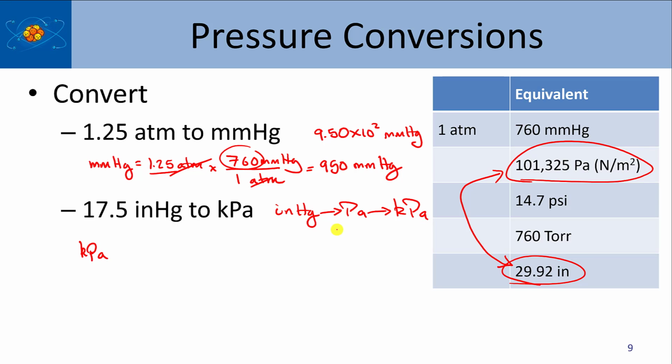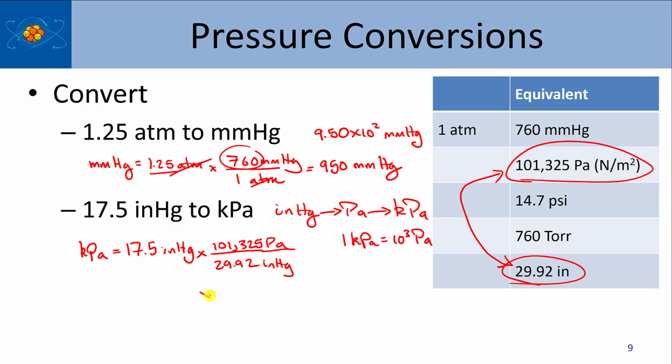The conversion is perhaps what you're thinking it would be: 1 kPa is equal to 10 to the third pascals. So let's go ahead and do that. We want to get 17.5 inches of mercury into kPa. Our first step is 29.92, I just realized I left the mercury off over here, 29.92 inches of mercury for every 101,325 pascals.